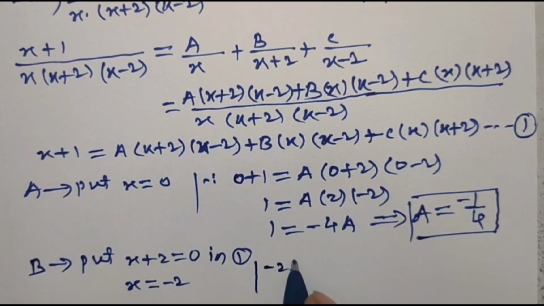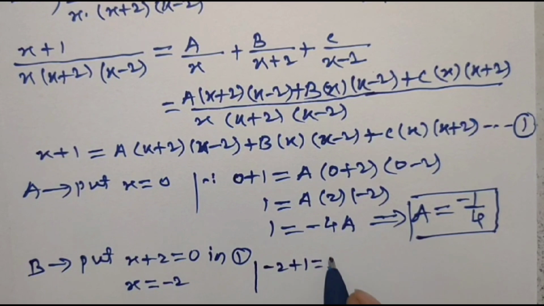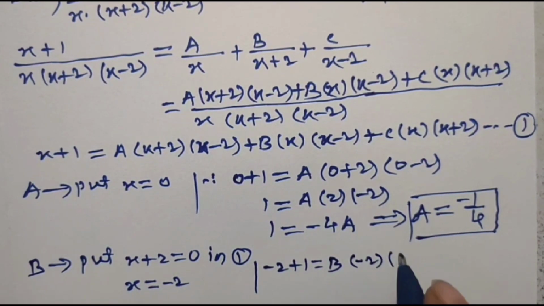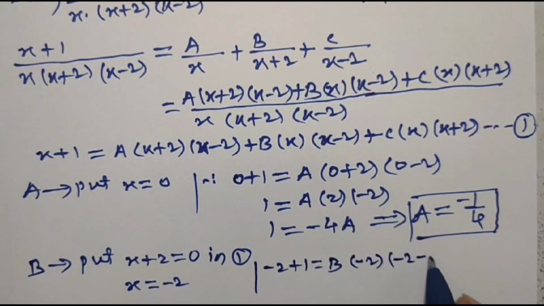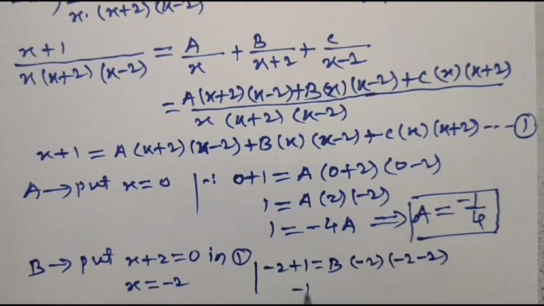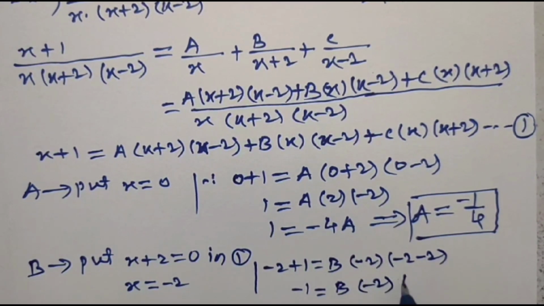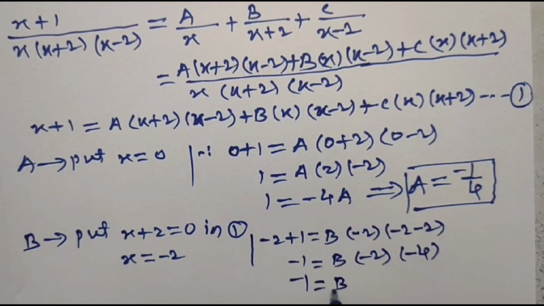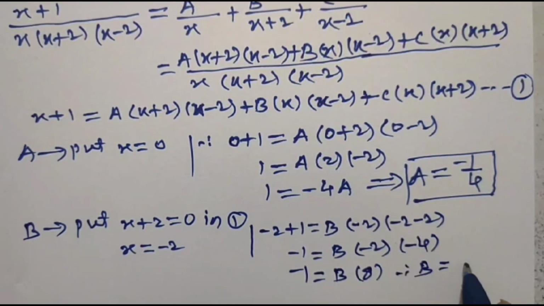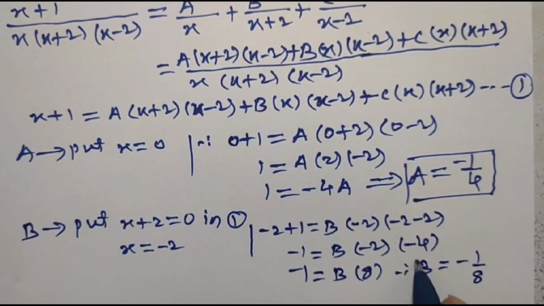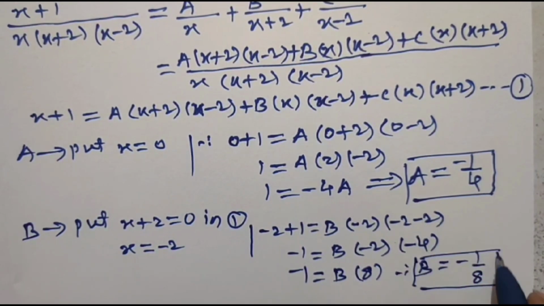Minus 2 plus 1 is equal to b into minus 2 into bracket minus 2 minus 2. Hence minus 2 plus 1 is minus 1 is equal to b into minus 2 into minus 4. Minus 1 is equal to b into 8. Hence b is equal to minus 1 upon 8. This is the value of arbitrary constant b.